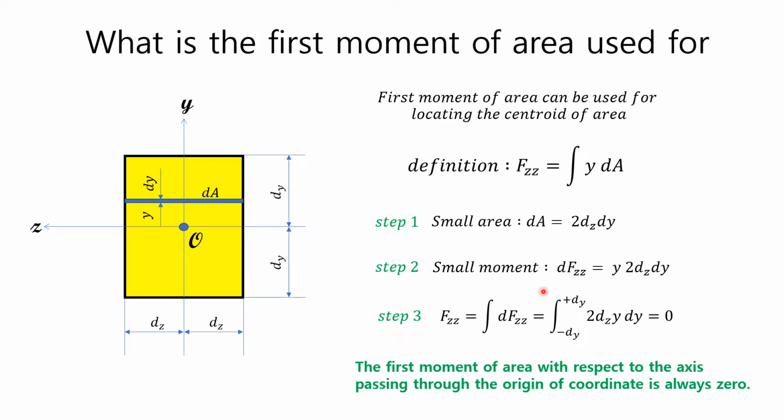We can get the total moment of area by integrating dFz from minus dy to plus dy. This is the third step. The result of integration is equal to 0. It is valuable to remember that the first moment of area with respect to an axis passing through the origin of coordinate is always 0.